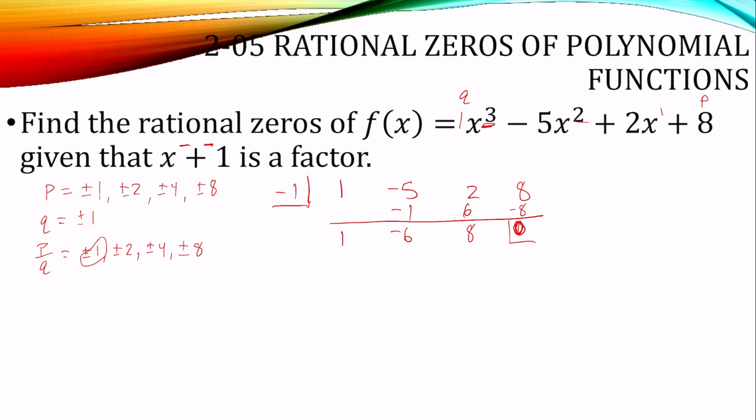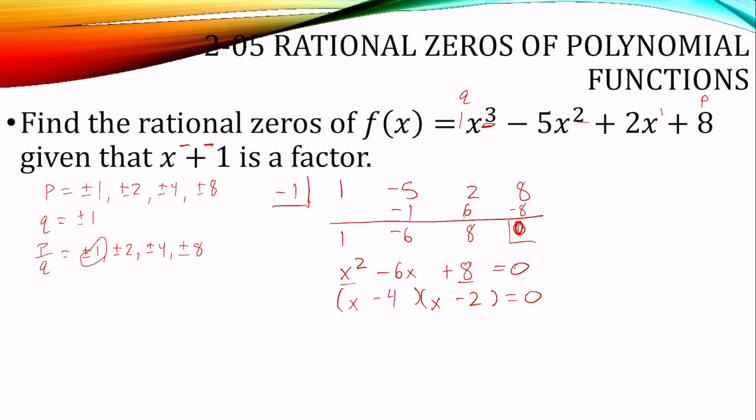Now it was x cubed, so our depressed polynomial is x squared. We could probably solve this, make it equal to 0 because we want the zeros. Let's try factoring. To get the 8 could be negative 4 and negative 2.